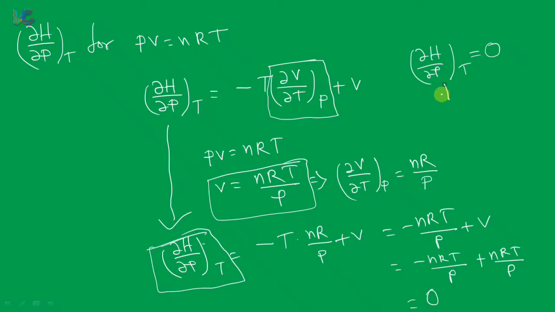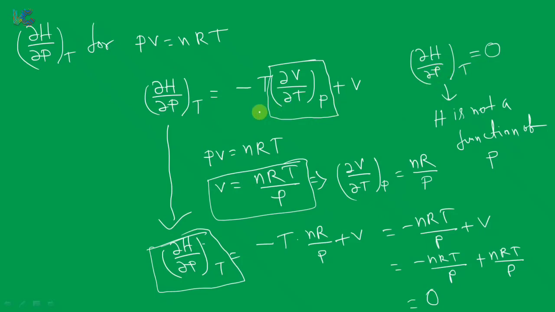That means we can conclude from this result that H, enthalpy, is not a function of pressure in case of n mole of ideal gas, because we are getting del H del P at constant T equal to 0. So enthalpy H is not a function of P.